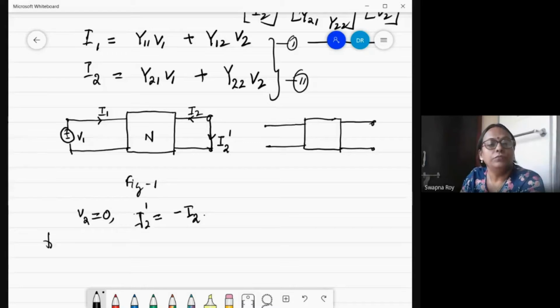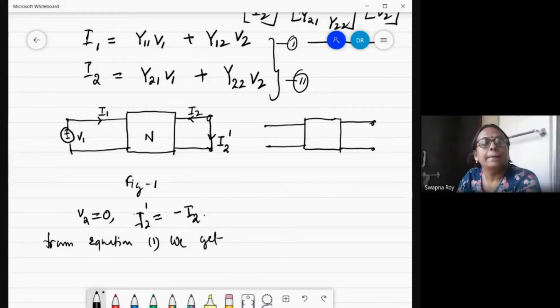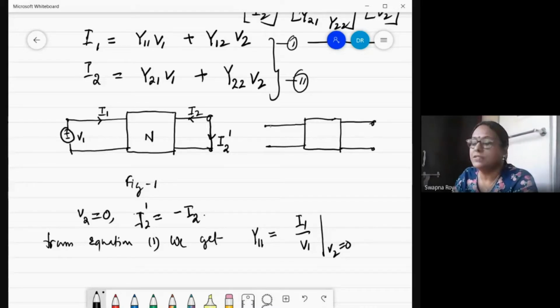So from equation 1, we get Y11 is equal to I1 by V1, where V2 is equal to 0. This is called input driving point admittance.